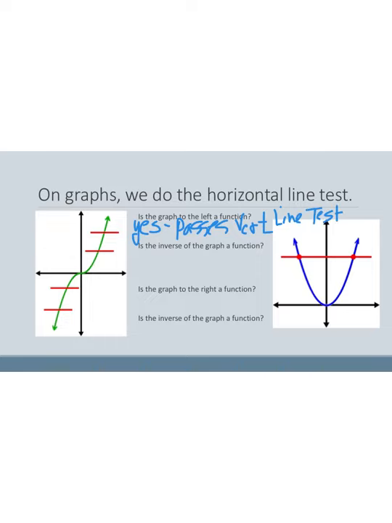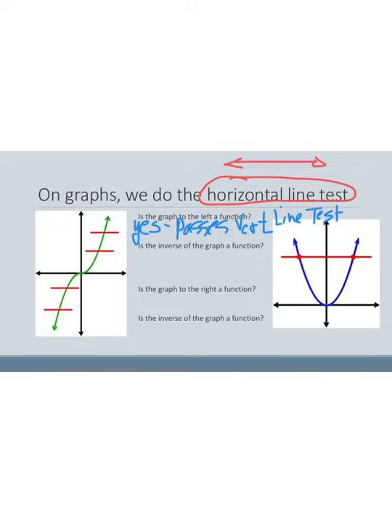Okay. Then, if I want to determine if the inverse of this particular function is also a function, we don't have to actually graph the inverse. We can apply what's called the horizontal line test. Remember, a horizontal line goes in this direction. You can see I have placed some horizontal lines through this graph, and no matter where I place a horizontal line, even through here, it never touches the graph more than once.